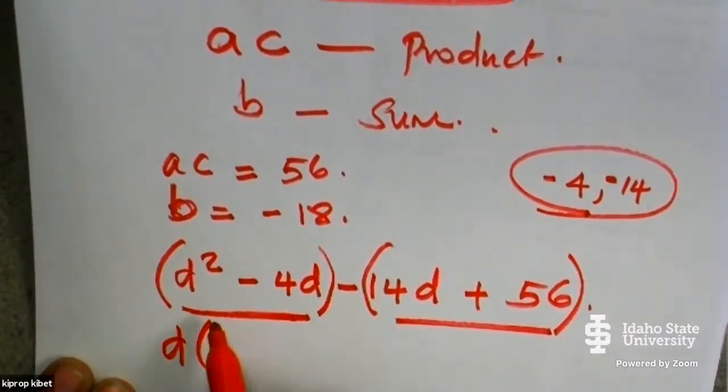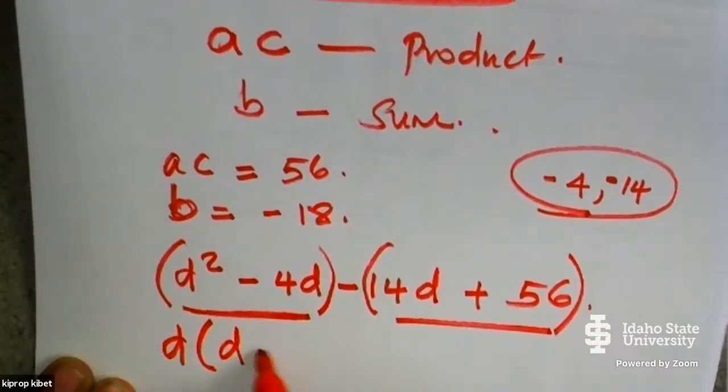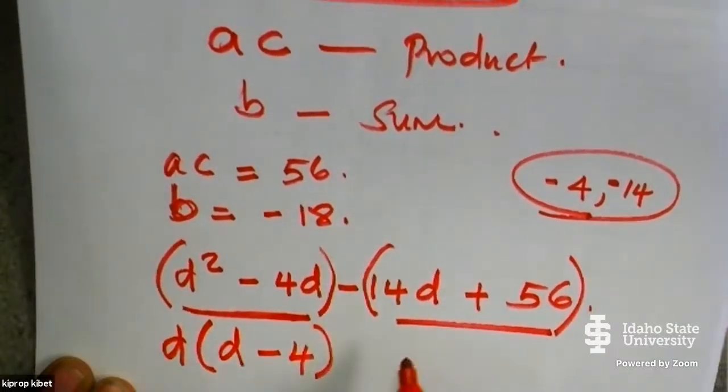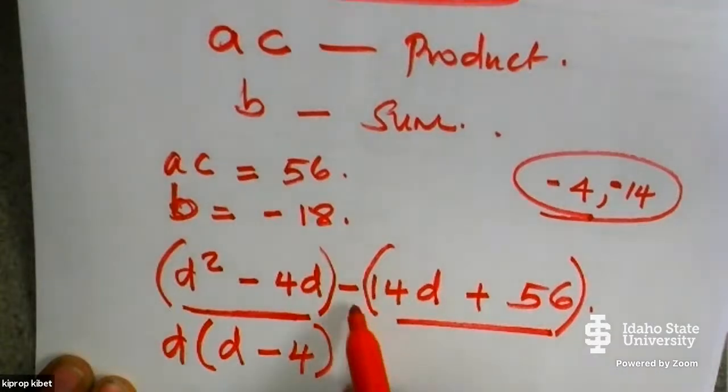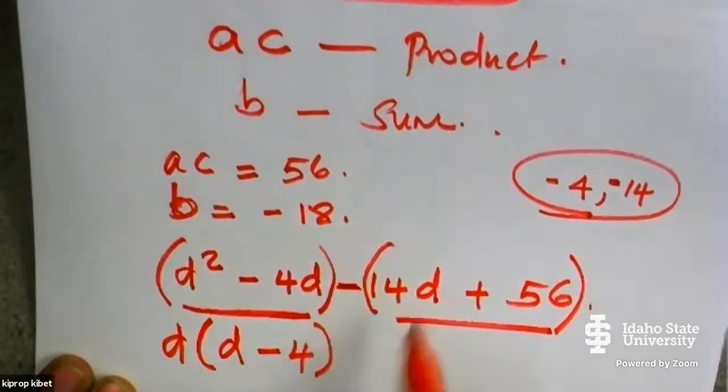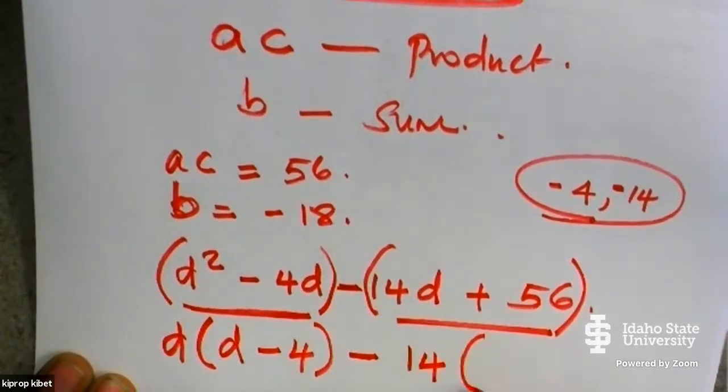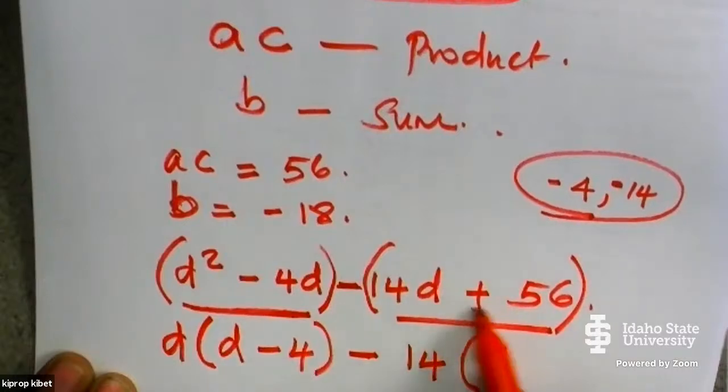We factor out d and remain with d minus 4. Here it is negative, and what is common is 14, so negative 14, and what remains is d. And then what will this sign be?